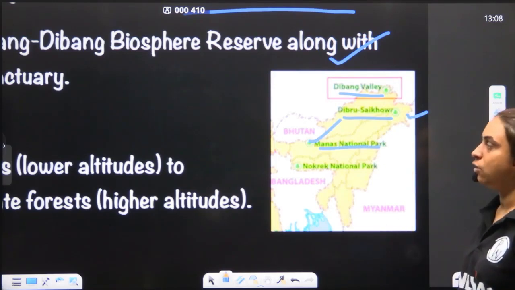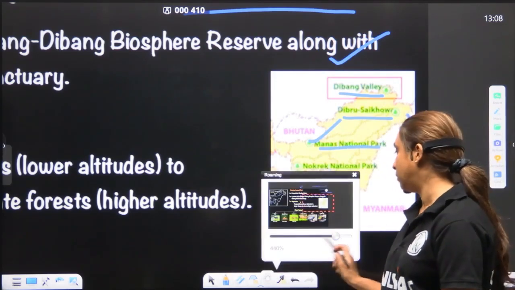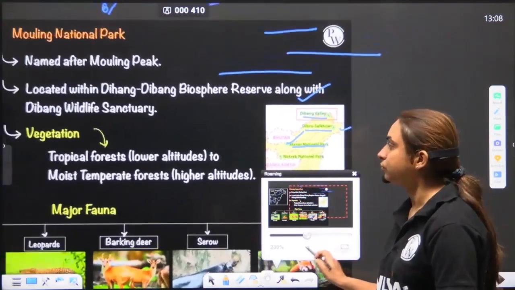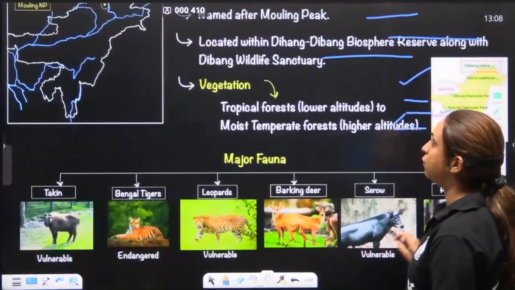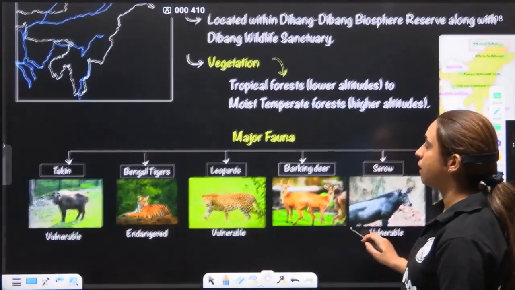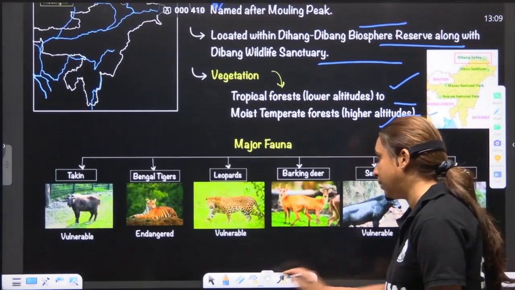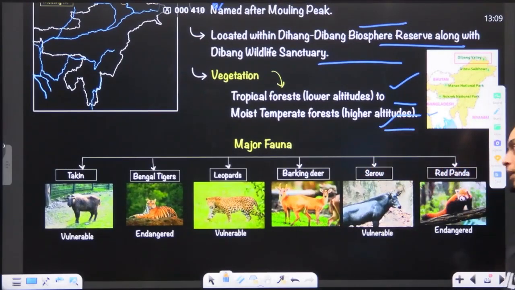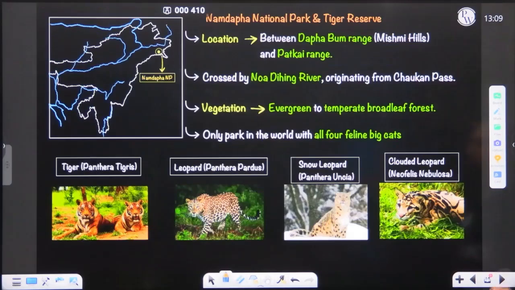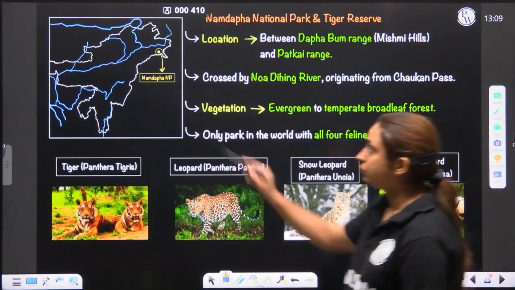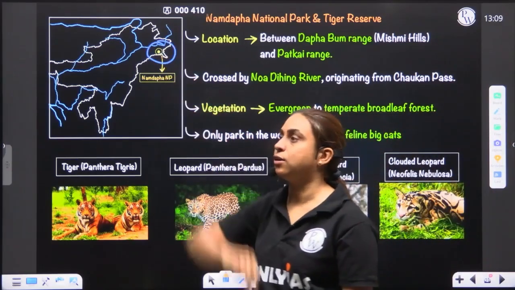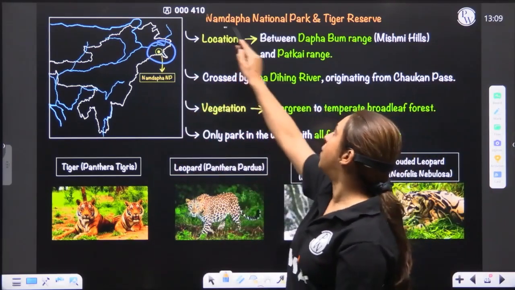Manas, we have seen along the Manas National Park. So vegetation: tropical forest, temperate forest. You also can have fauna in the form of leopard, Bengal tiger, barking deer, takin, serow, red panda.